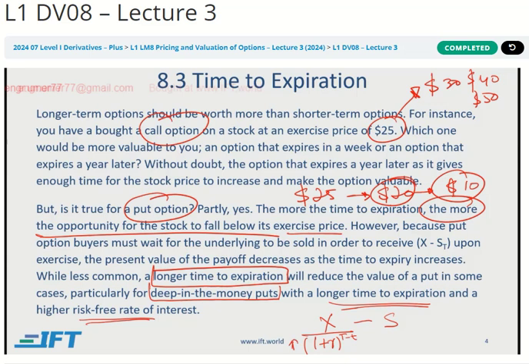A higher risk-free rate and a longer time to expiration will overall reduce this value, which means your overall exercise value will be lower, and therefore a long time to expiration can be inversely related to the value of a put option if it is deep in the money and there is a long time to expiration left and the interest rate is high.